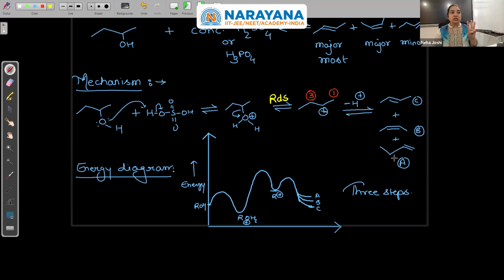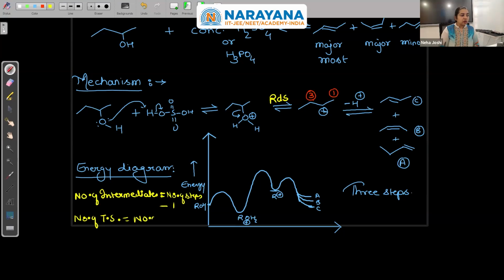Now see, it is a 3-step reaction. If we are asked the number of intermediates in a reaction, then it is equal to the number of steps minus 1, that is 1 and 2. And if you are asked the number of transition states, then it is equal to the number of steps.